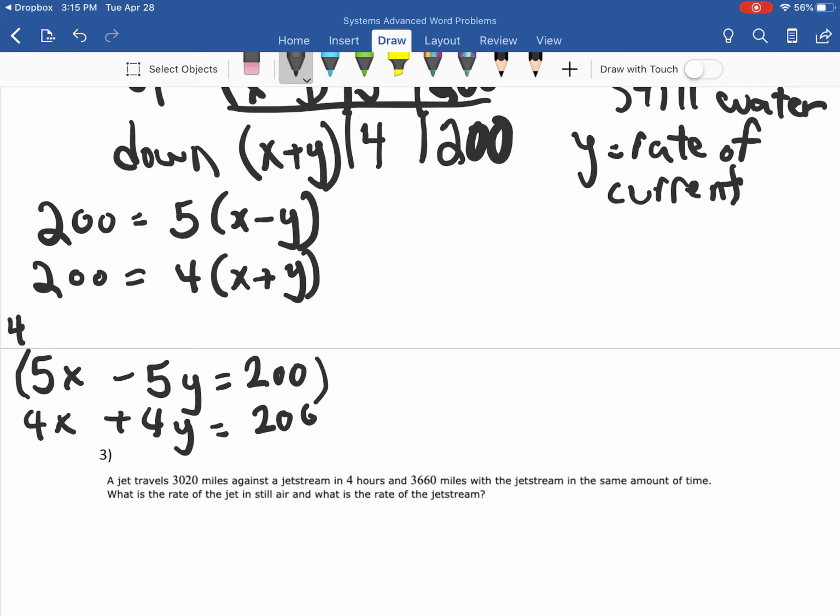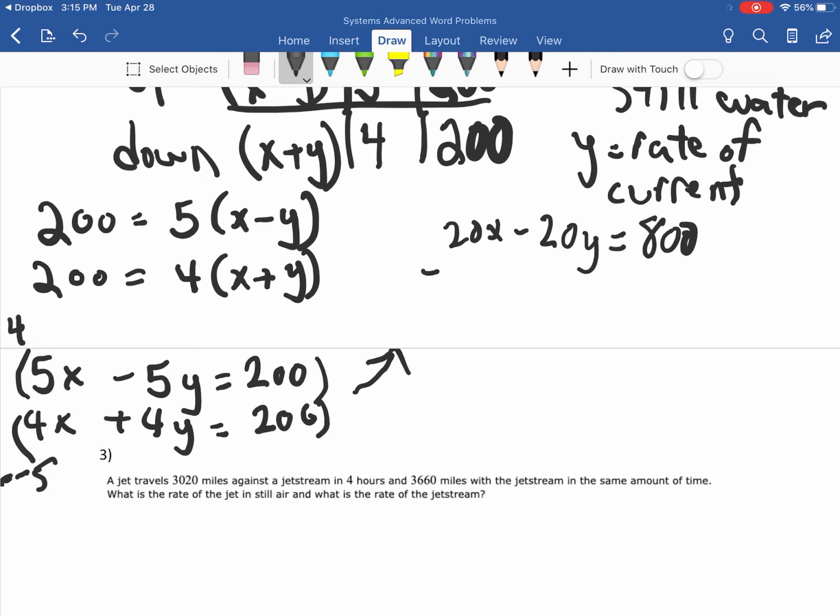I'm going to multiply by 4 on top and by -5 on the bottom. 20x minus 20y equals 800. -20x minus 20y equals -1000.